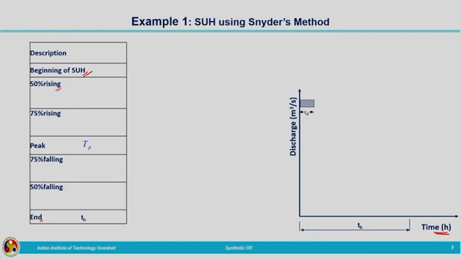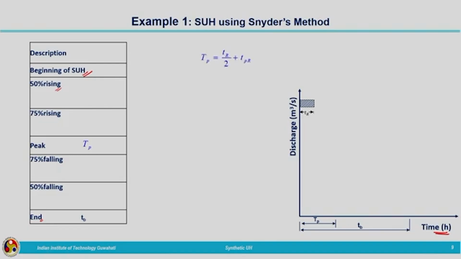The time to peak can be marked like this, but we do not have the value corresponding to time to peak. We have the value corresponding to basin lag only. So, if basin lag is there with us, how can we calculate the time to peak?